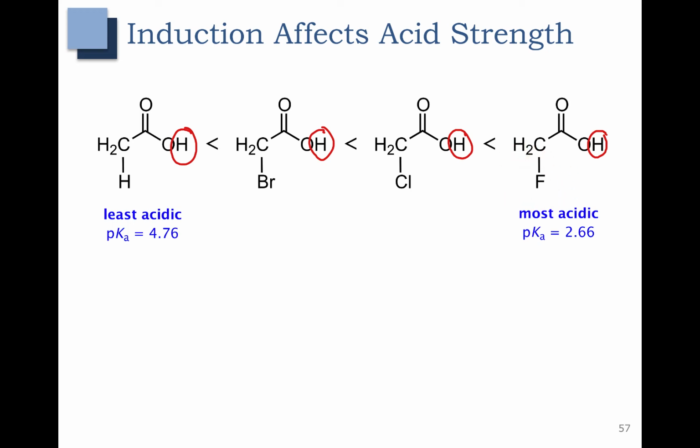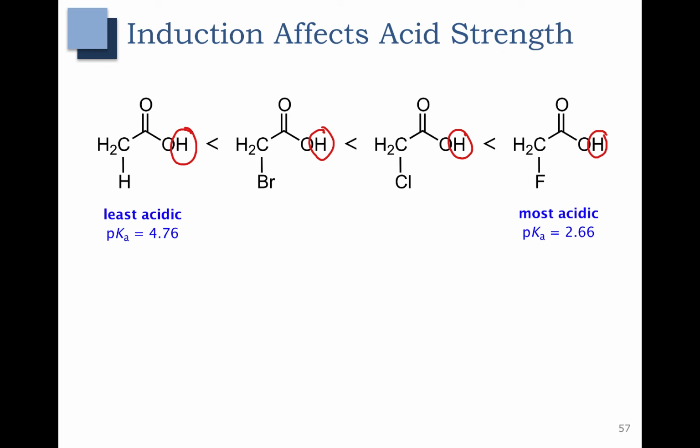Now this seems to be a little contradictory when we talked about our size versus electronegativity trend, but keep in mind that the negative charge isn't on the fluorine in this situation. The fluorine is just pulling away electron density. So it's kind of helping to pull away that density, and this is going to be more significant when you have a more electronegative atom.